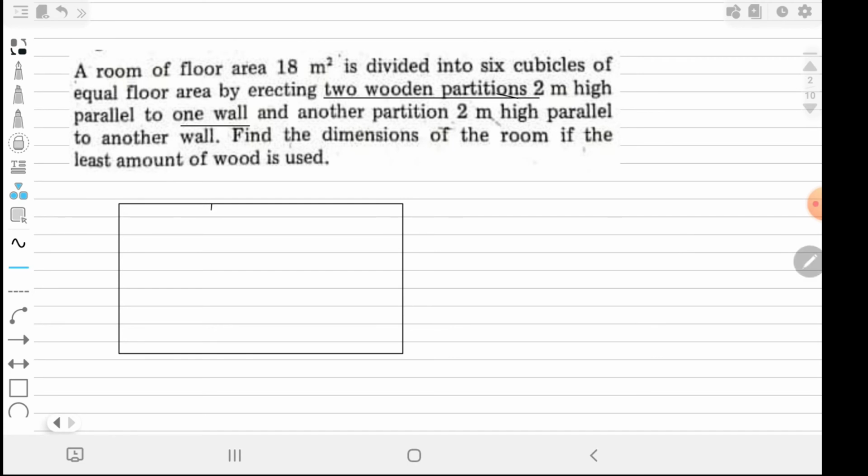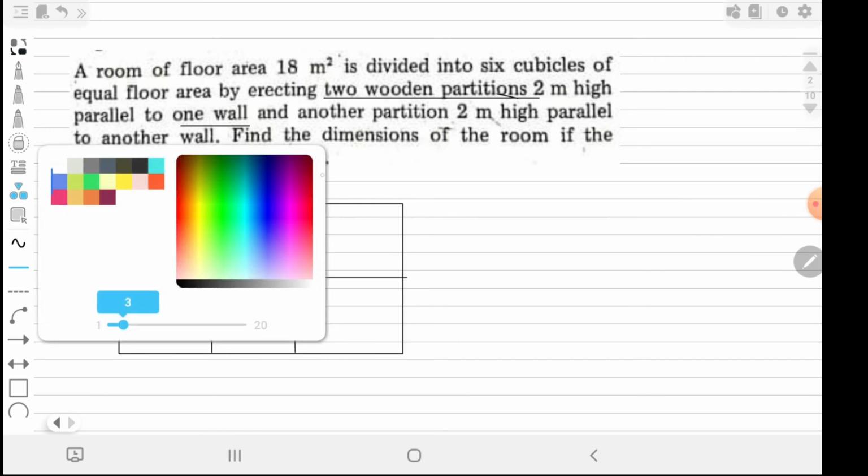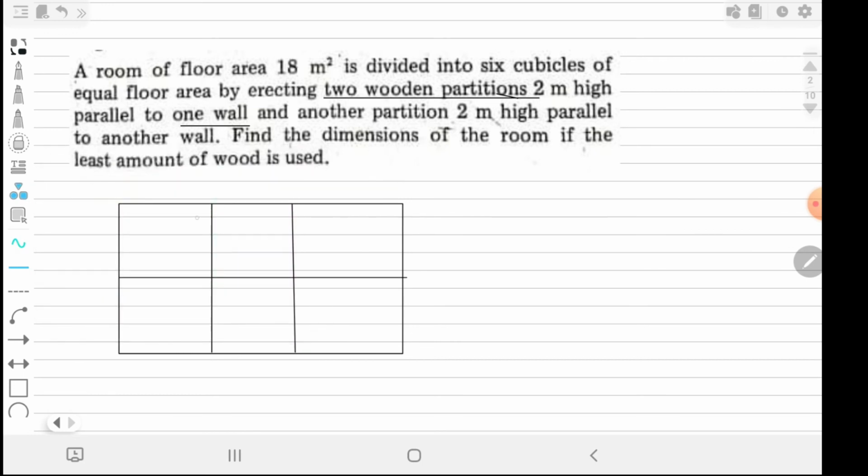So you'll notice we can make two. Let's say this will be our first wood that is parallel to two walls, and another wood that would be parallel to our two walls. What we want to happen is that since we have an area, our area was identified as 18 square meters. So this whole room is 18 square meters.